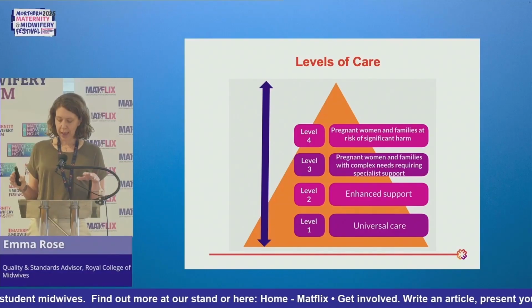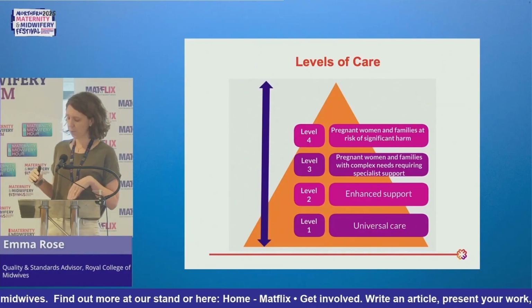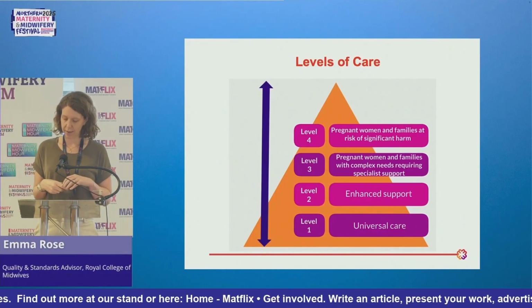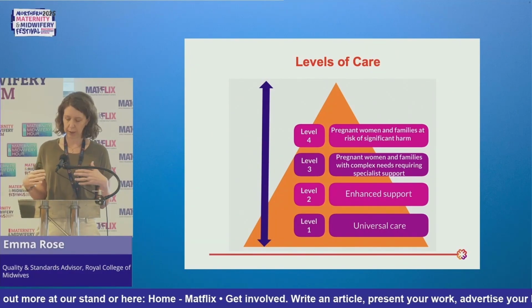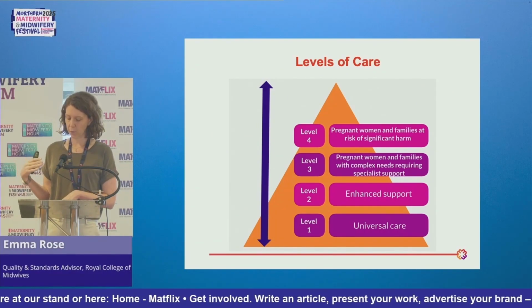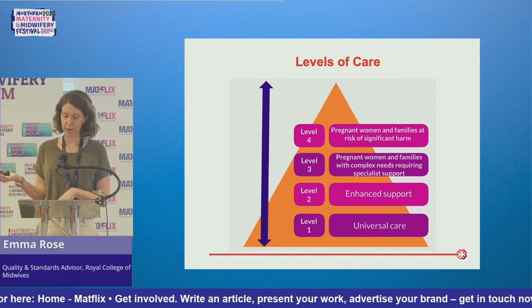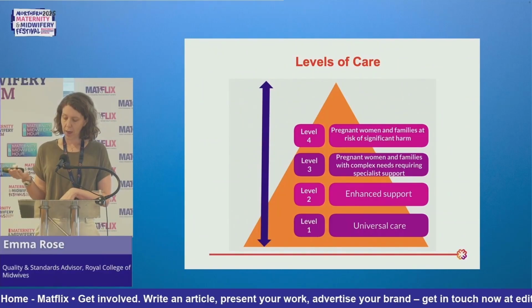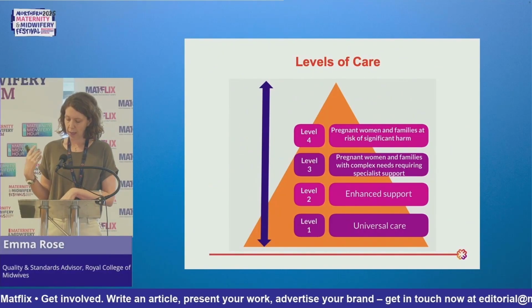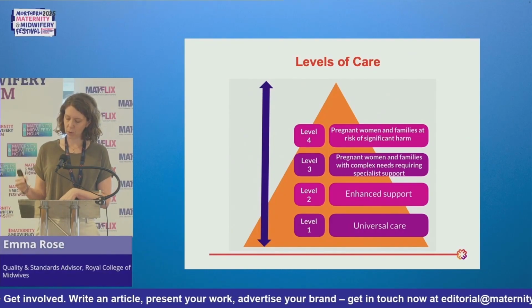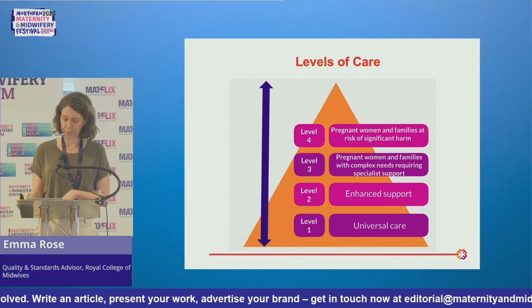So the levels of care work similarly to those used by social care and health visiting services, because we need to complement what they're doing. But so for example, level 2 is enhanced support, and that might mean referral for Home-Start support, use of baby banks, an early health assessment, or referral to talking therapies.